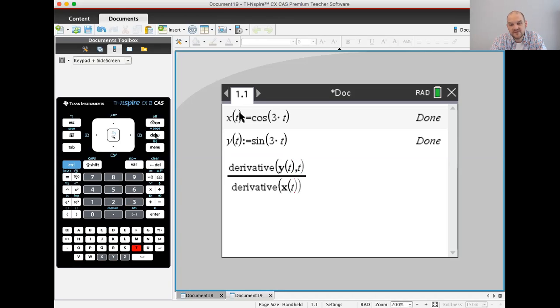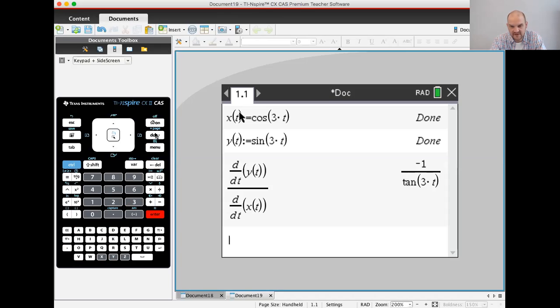If you're doing a lot of these problems, it's a good idea to actually store the derivative as a function of itself. The calculator just hates writing it. Usually it hates writing tangent in its answer, but I don't know if I've ever seen cotangent show up. It's definitely defined, but I don't think it shows up as an answer. So that's our derivative. That's negative cotangent of 3t, sure.